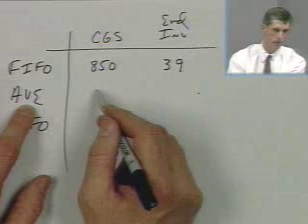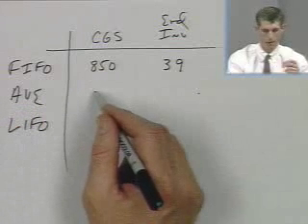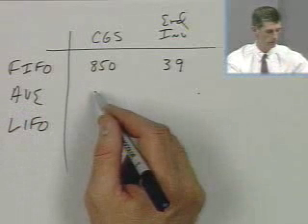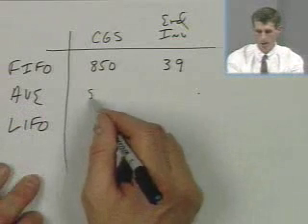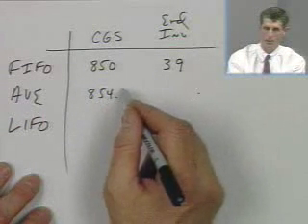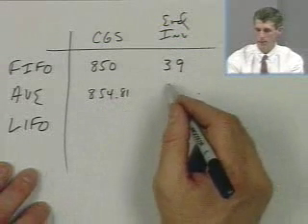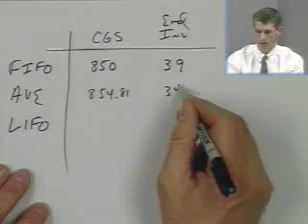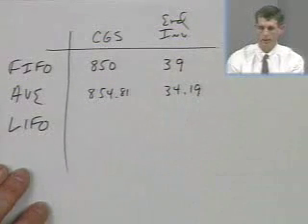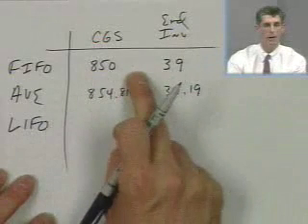Go back in the notes. $854.81. And therefore ending inventory was how much? $34.19. So now let's do LIFO and see how they all compare, right?